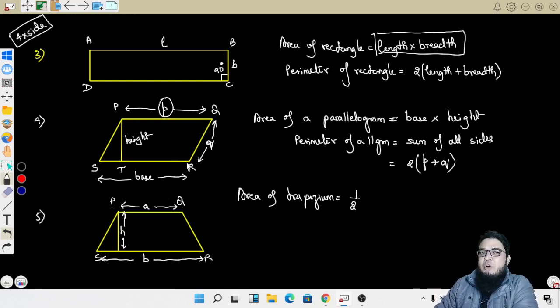You cannot call this QR the width. You cannot call it breadth; whenever you measure, you measure straight. So QR will also be considered as a length. Don't get confused with the length in particular to the rectangle. Length is a general term also.